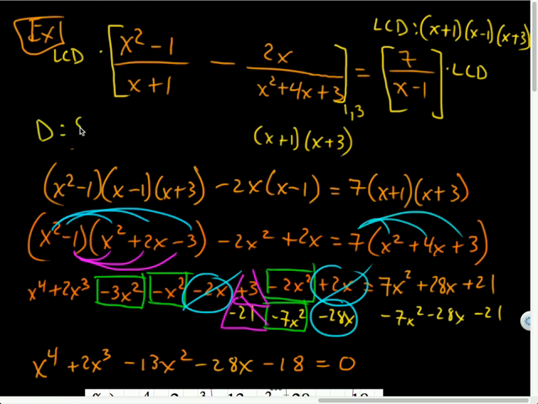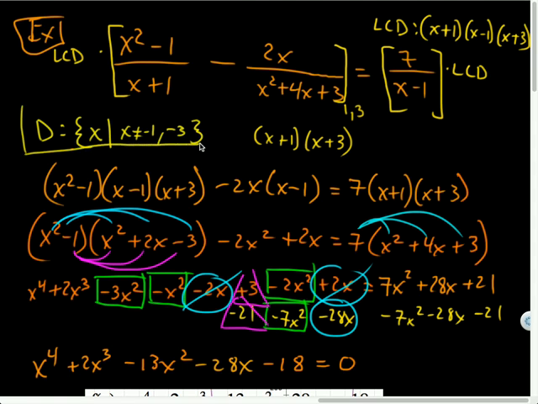The domain, you can actually analyze this before you even start. What can x not equal here? X cannot equal -1. And what can x not equal here? It can't equal -1 or -3. I already knew about the -1, so it also can't equal -3.